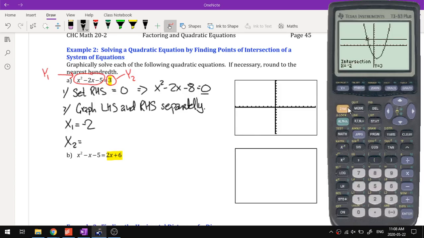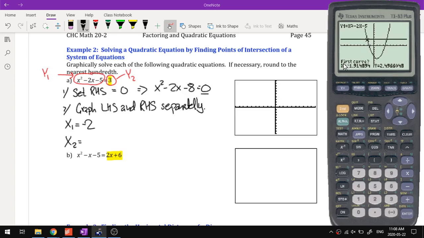We have to repeat this: second, trace, intersect. When it says first curve, the cursor is indeed on the first curve. But maybe you're thinking, when we found the first root, x1 equals negative 2, why did the calculator pick this x-coordinate and not the other one? How does it tell them apart?